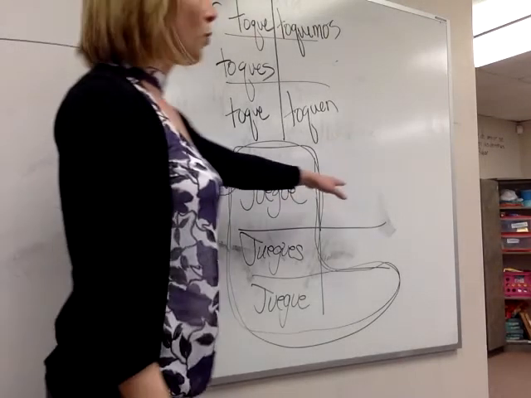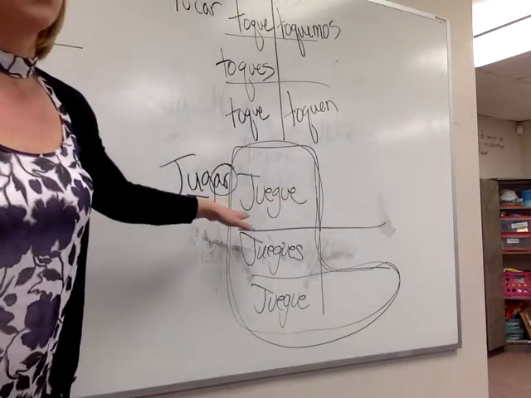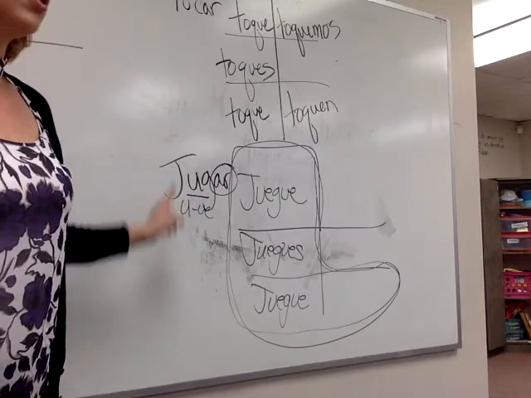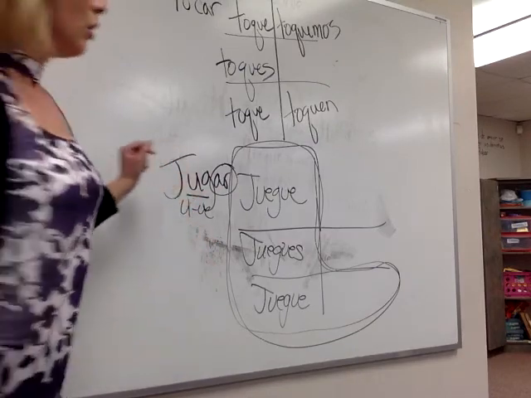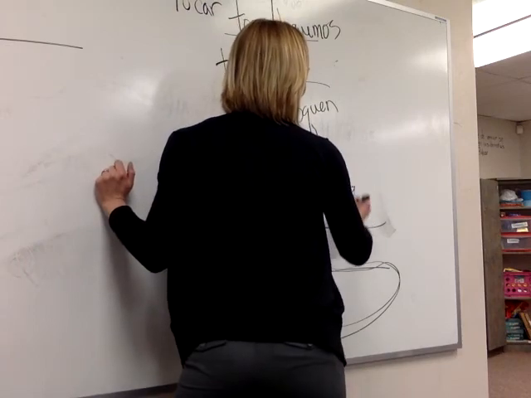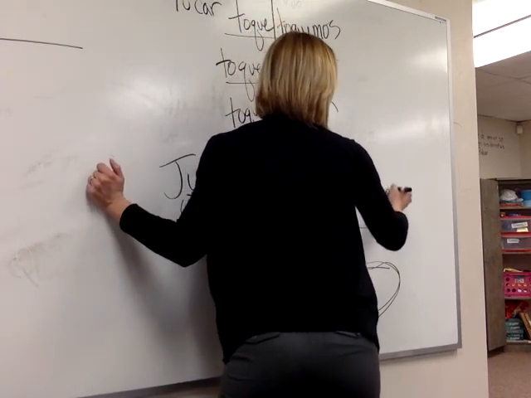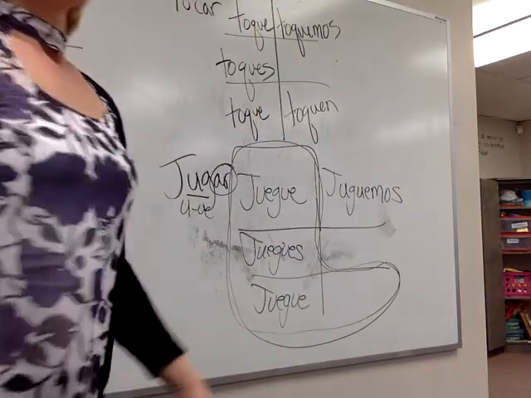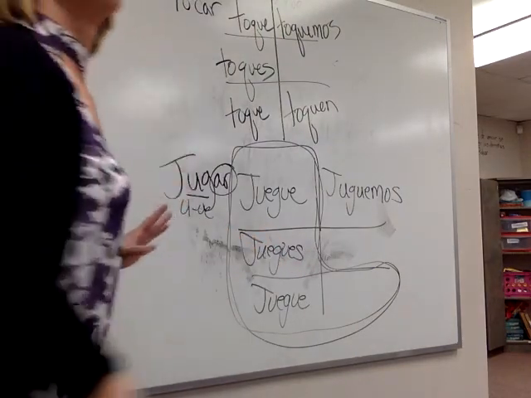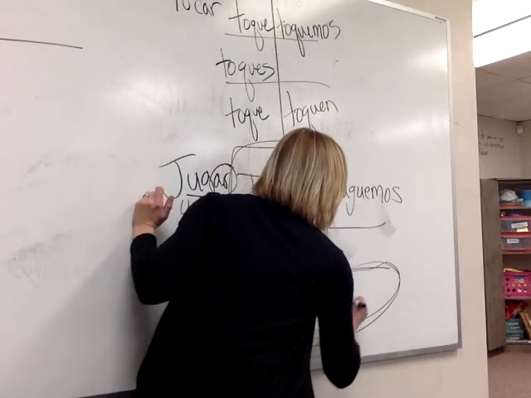So once we get to the we form, it's still GUE, it's still jugamos, but it's not going to be u to ue here. So we play would be juguemos. Exactly right. But then once we get down to the they form, that stem change returns and it becomes jueguen.